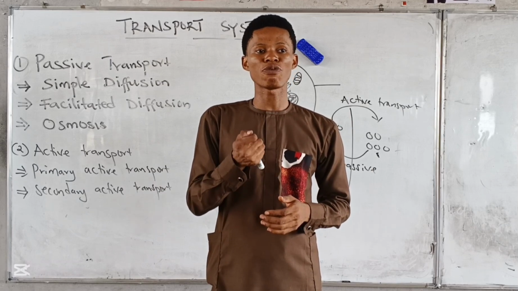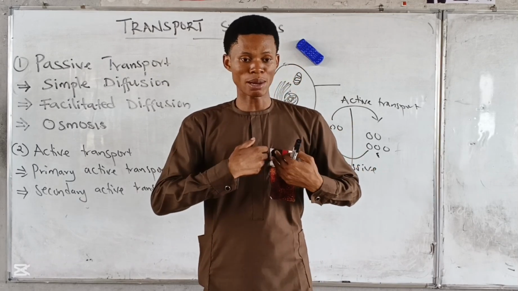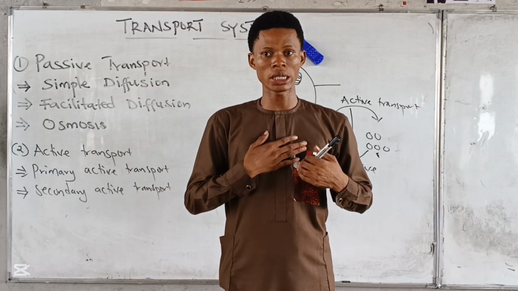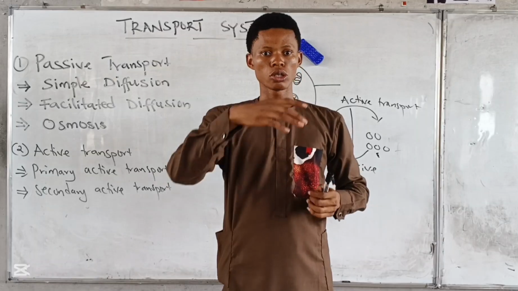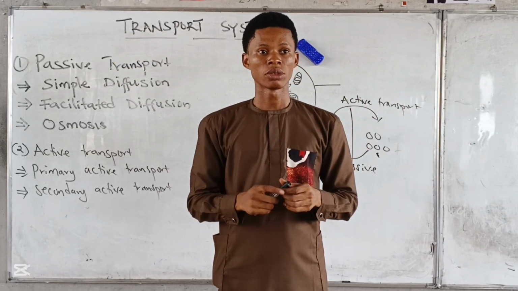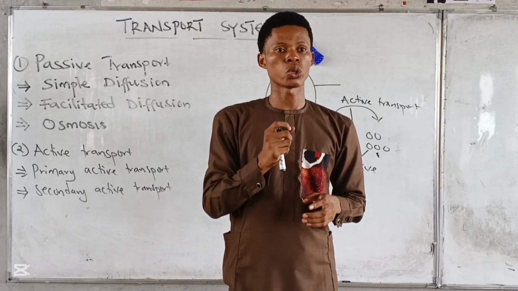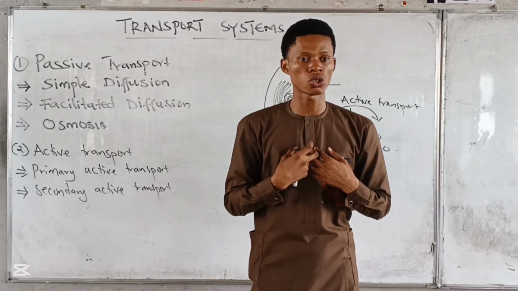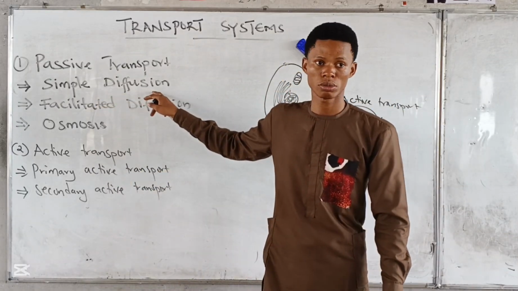Now, simple diffusion, if you spray your perfume, think here that I'm spraying it is a high concentration, right? It will now spread across to where there is low concentration until it is evenly distributed. That process of movement of molecules from region of high concentration to region of low concentration is called simple diffusion.